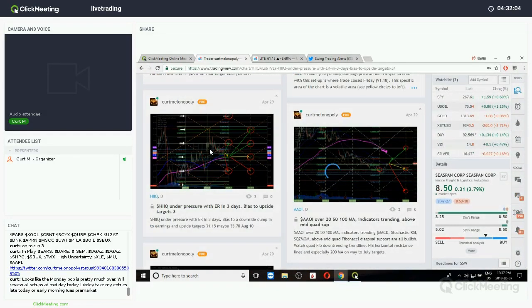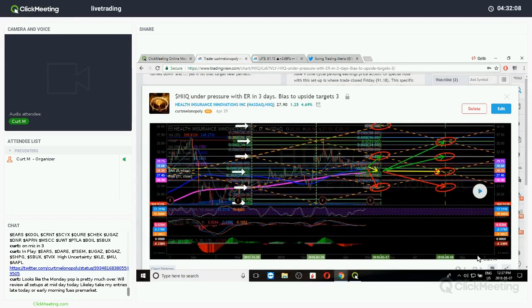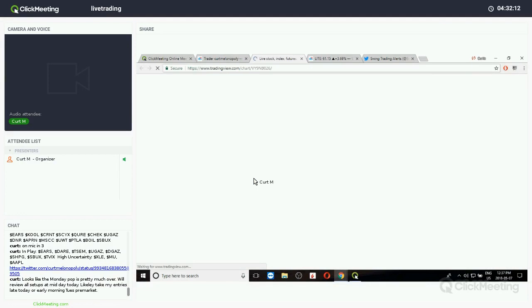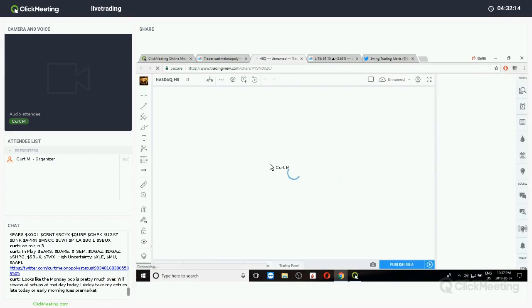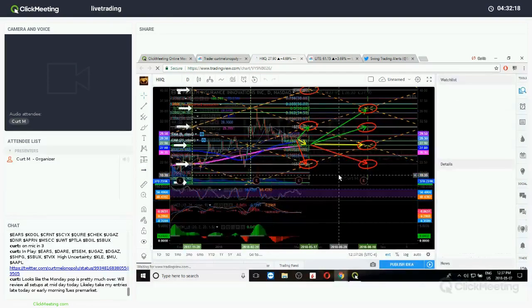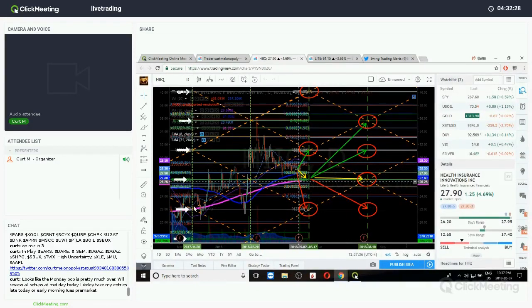HIIQ. This is fun to trade, good returns. This is one messy chart. The reason it's so messy is it can really get going when it gets going.